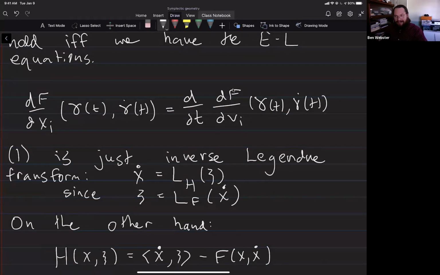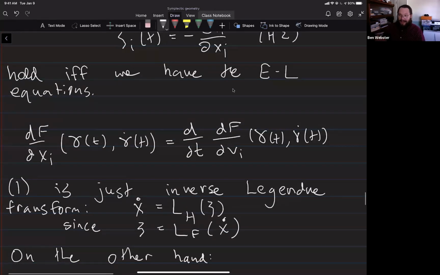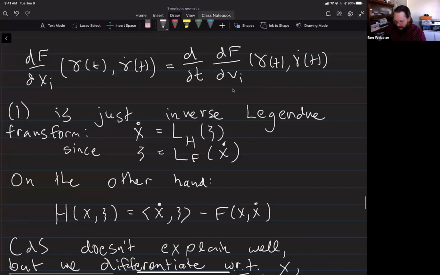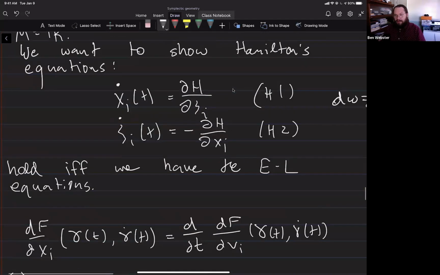So the first Hamilton's equation says the velocity is the Legendre transform of momentum with respect to h. And that's because I defined momentum as the Legendre transform of velocity with respect to the action. All right, that part's automatic. So I just have to show that the Euler-Lagrange equation is equivalent to that second Hamilton's equation, which is that the derivative of ξ_i with respect to time is equal to minus the derivative of the Hamiltonian with respect to space.